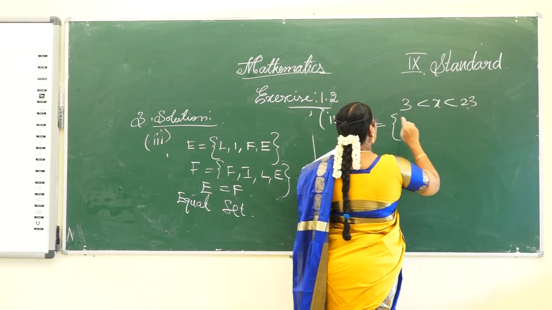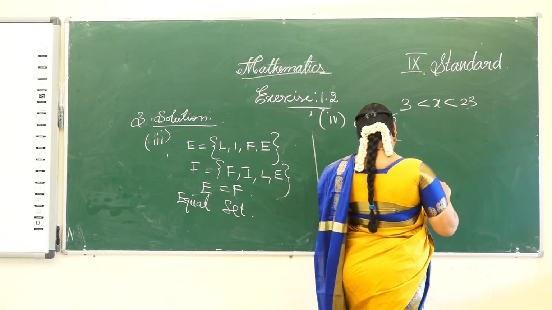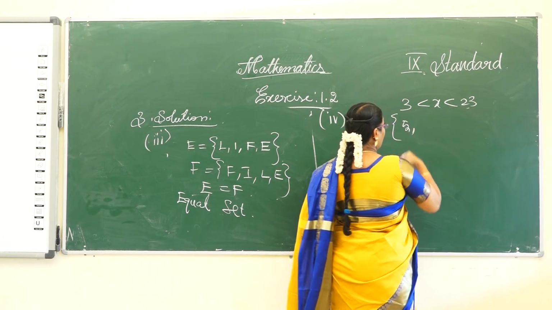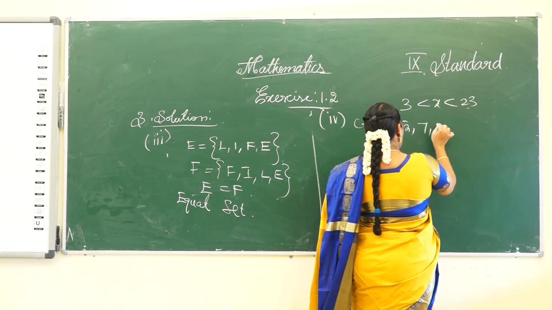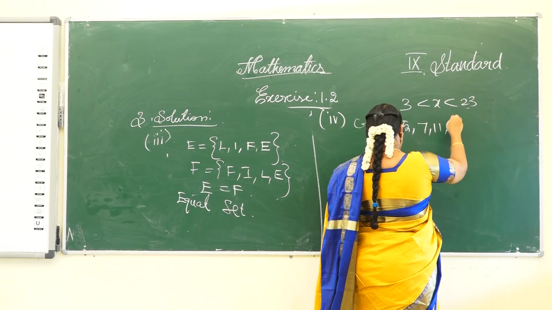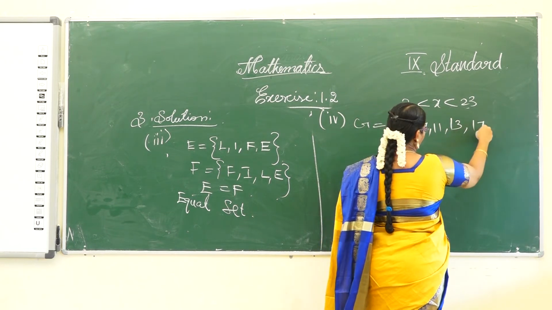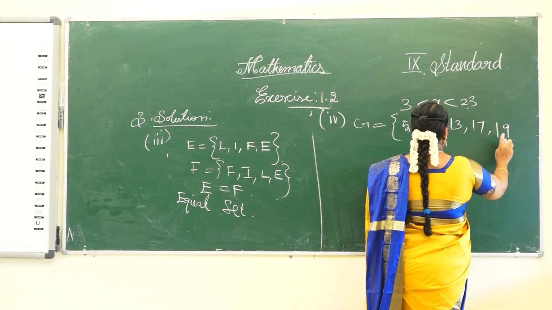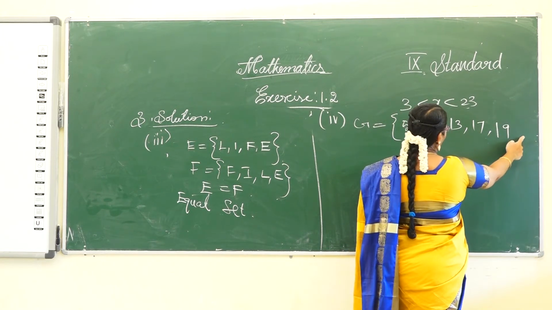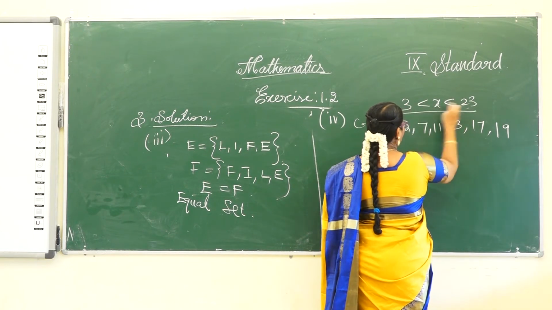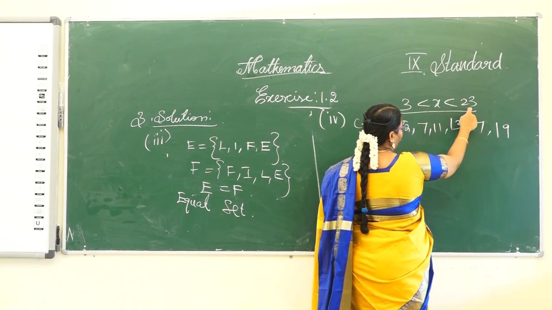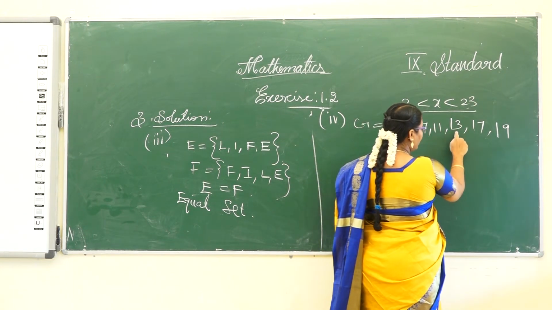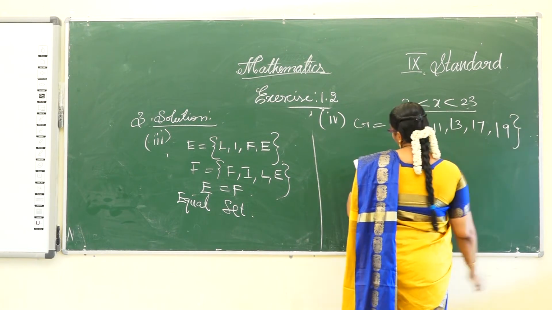So what are the elements between 3 and 23? The prime numbers are 5, 7, and 9 is not a prime number, then 11, 13, 17, and 19. Next is 23. The interval is given 3 less than x less than 23. So in between 3 and 23 the prime numbers are 5, 7, 11, 13, 17 and 19.